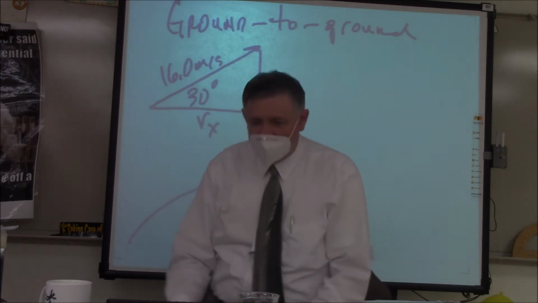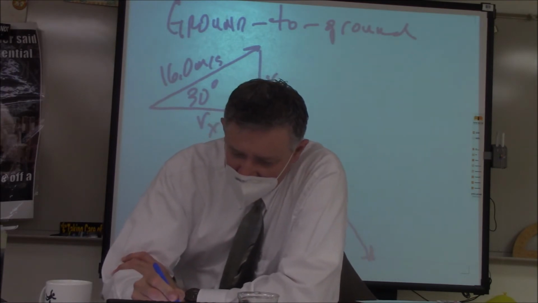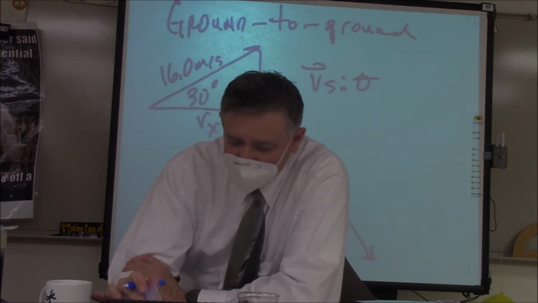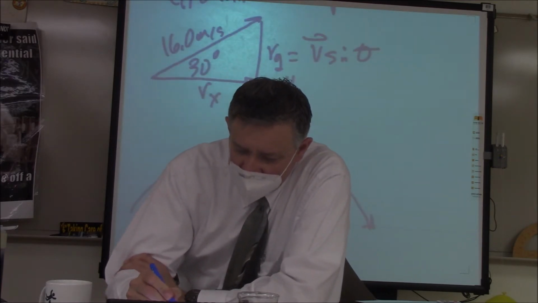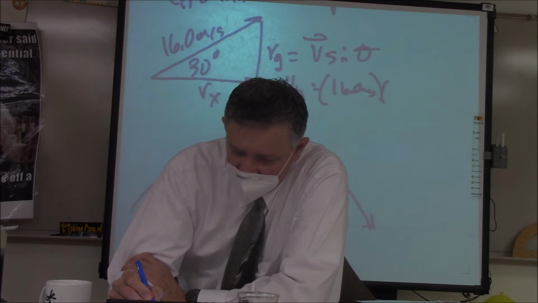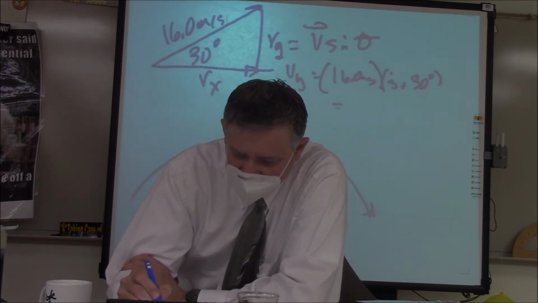I'm going to use sine. So my Vy is going to be the velocity times the sine of the angle. In this case, I'm going to take 16 meters per second times the sine of 30 degrees. So what'd you get, Matt? 8. 8 meters per second.